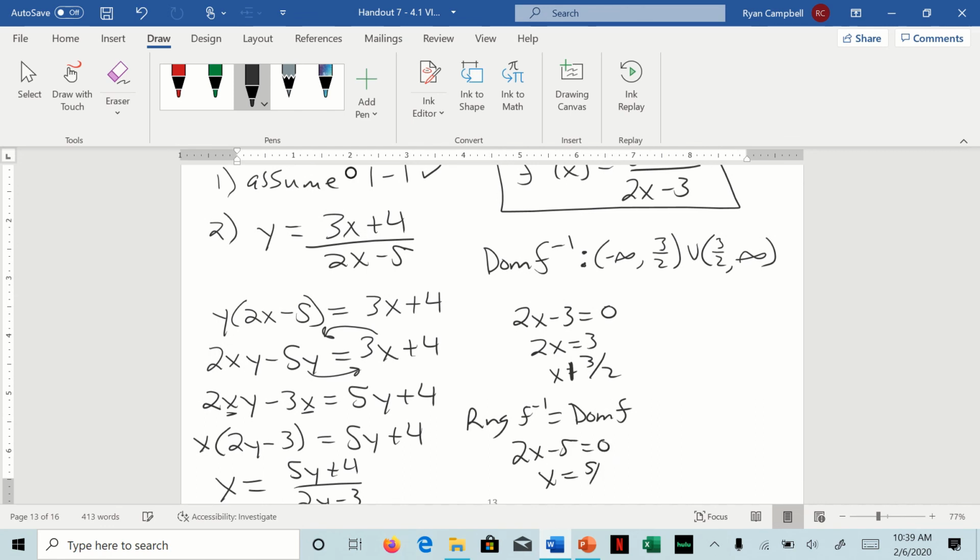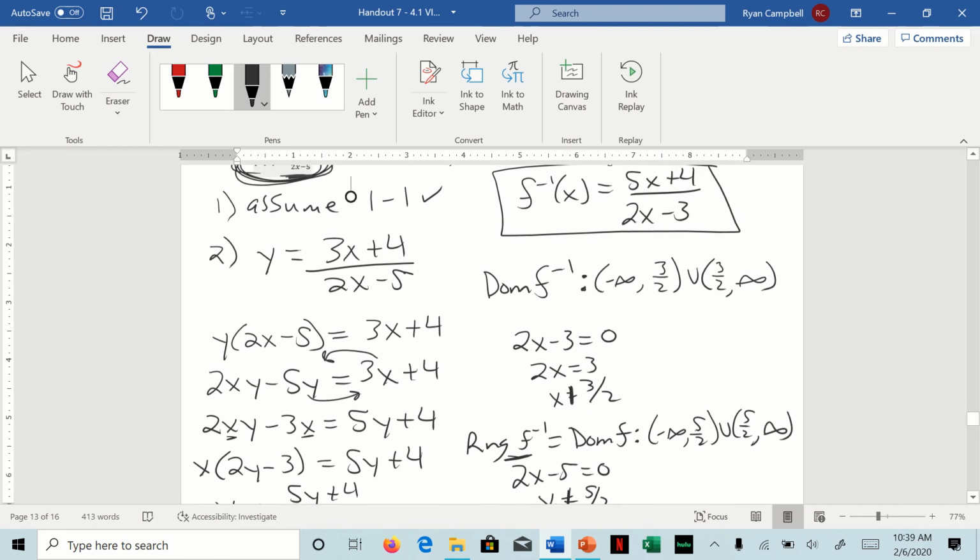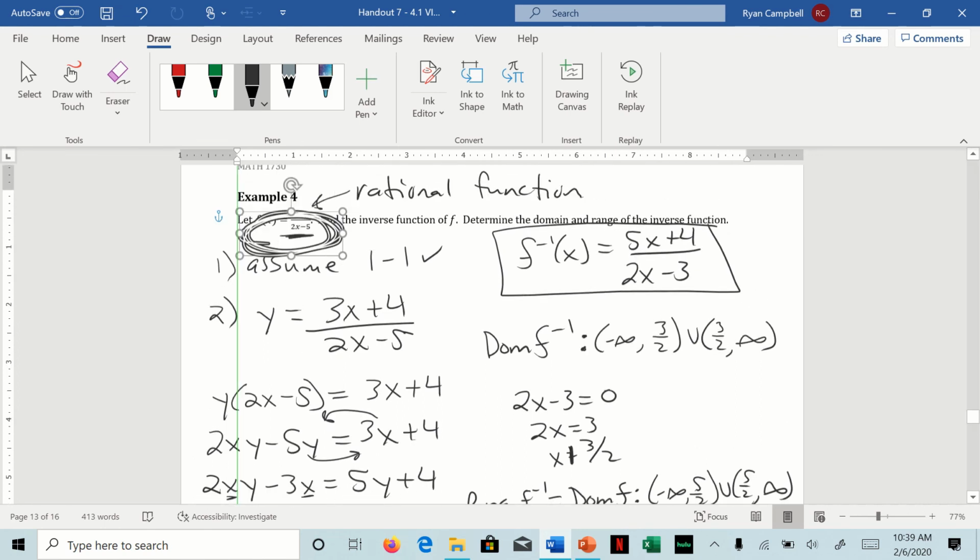Notice that x is going to be 5/2, which means it can't be 5/2 in this case. So the range of our inverse function is negative infinity to 5/2 and 5/2 to infinity, and we're done. So that's how we're going to figure out the range, right? It's by looking at the domain of the original. That's the trick to these.